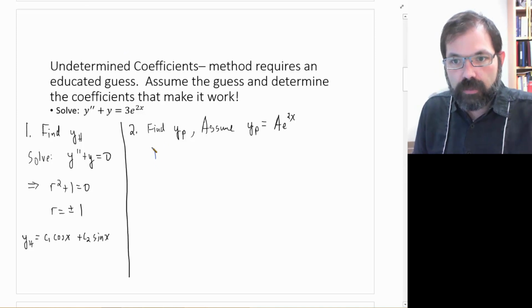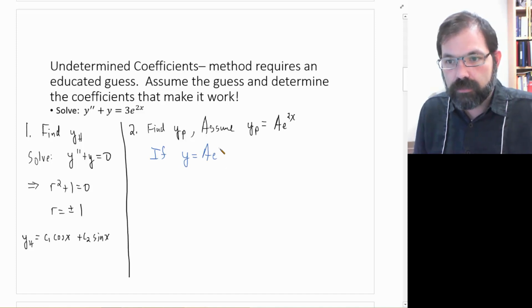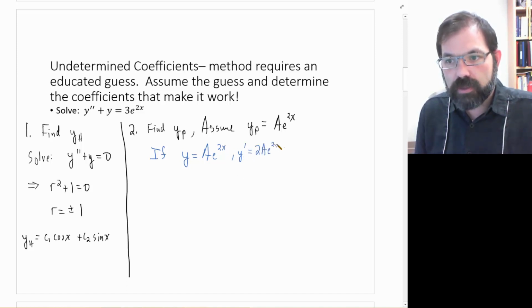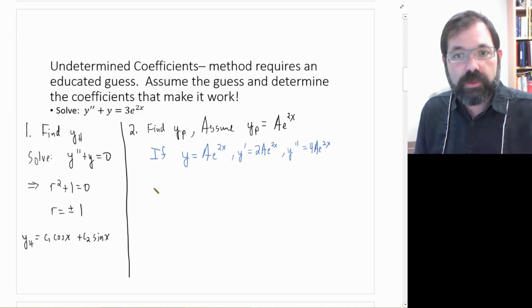If y is a e to the 2x, then y prime would equal 2a e to the 2x, and y double prime would equal 4a e to the 2x.